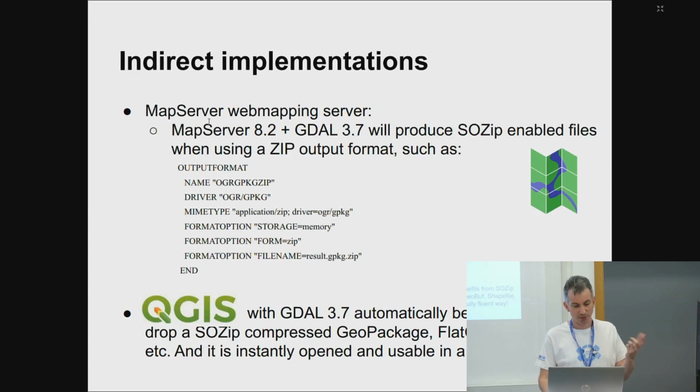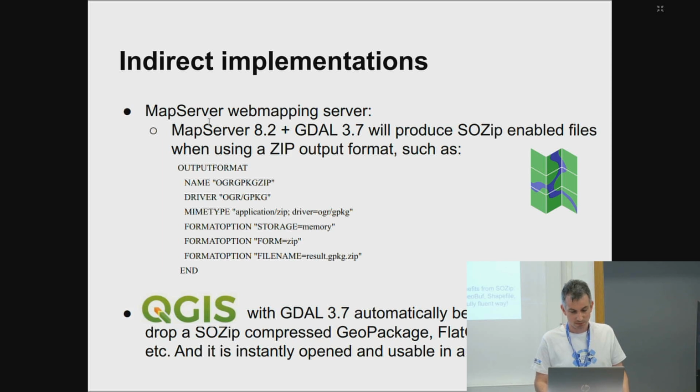And you have what I would call the indirect implementations, because there is software which uses GDAL. MapServer, with just a tiny enhancement, will generate SOZip archives if you define some format to use zip compression.